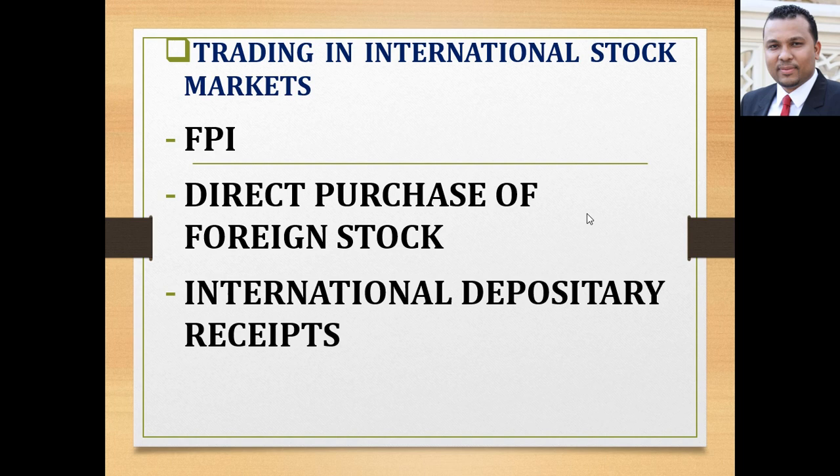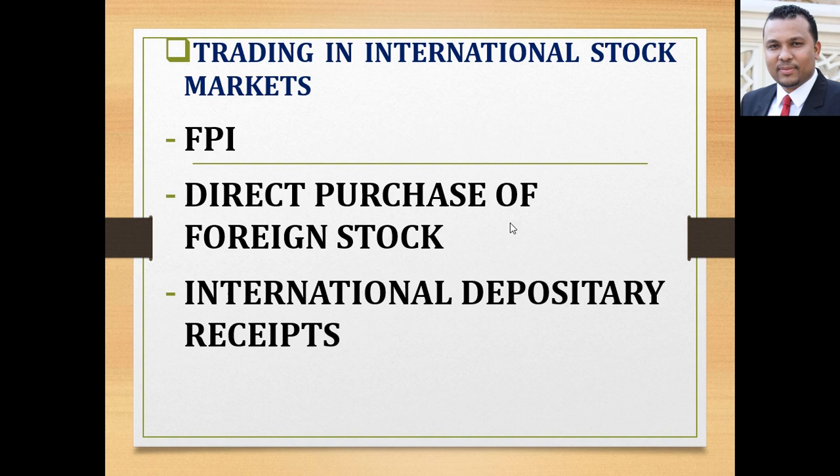In this case, when we talk about international purchasing of stocks, this is the forex. The forex problem may appear in this case because we talk about two currencies. Practically, there are two ways for investors to purchase foreign stocks directly. The first, open an international account with a broker in the home country.